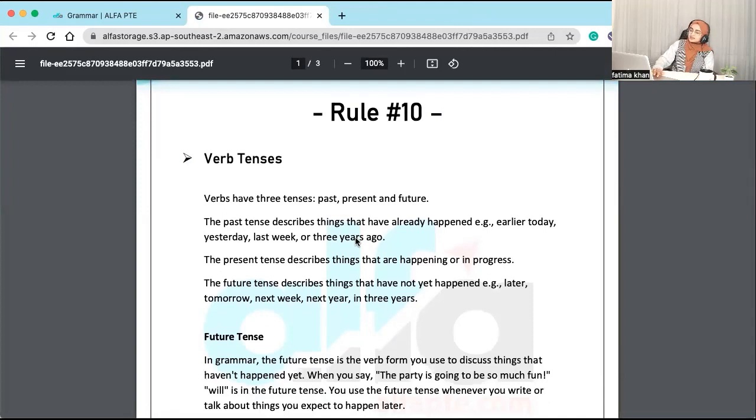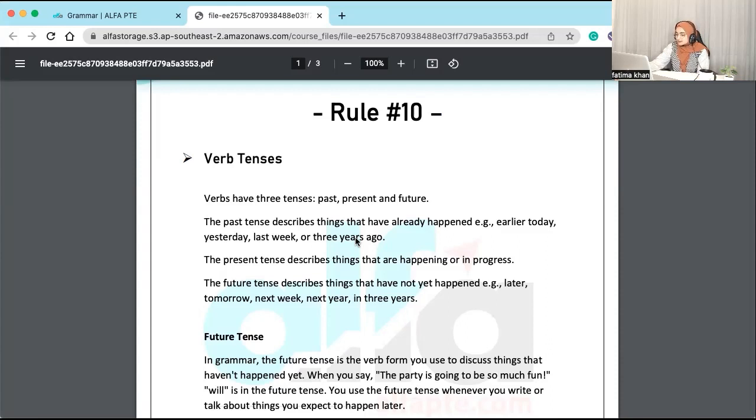The future tense describes things which may not have happened yet and which may happen in the future, like later today, tomorrow, next week, next year, in 3 years, in 10 years, and so on and so forth. And it is again in four different types: simple, future perfect, future continuous, and future perfect continuous.